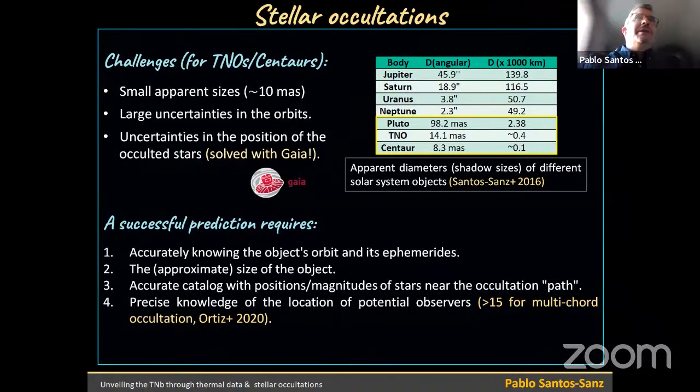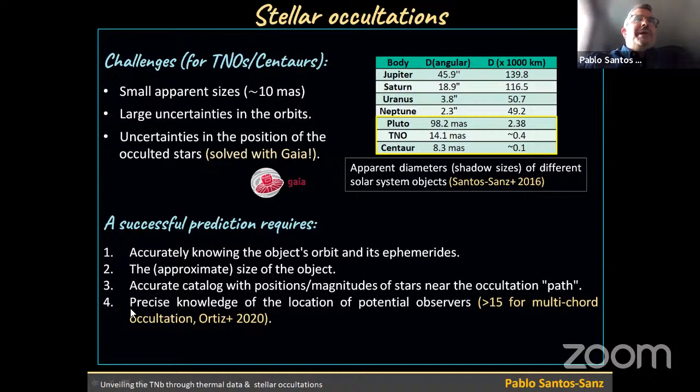This means that the orbital elements have large uncertainties, which is not good for knowing exactly where the object will be in the future. Also, we have uncertainties in the position of the occulted star. This is partially solved with Gaia catalogs. To obtain a successful prediction, we need to know the object's orbit and its ephemeris. We need to know the approximate size of the object. Also, we need an accurate catalog with the position and the magnitude of the stars near the occultation path.